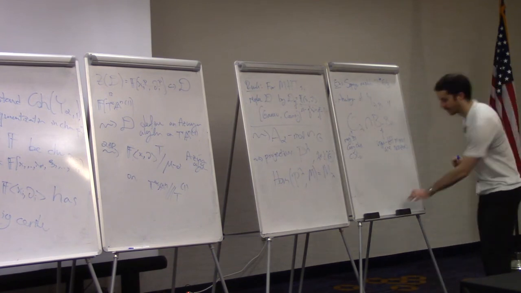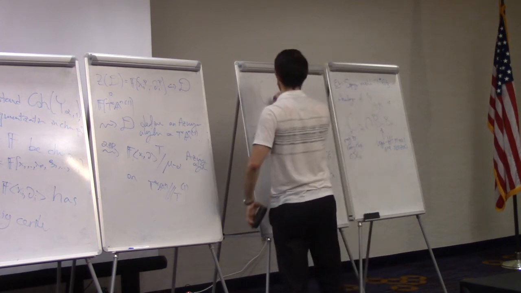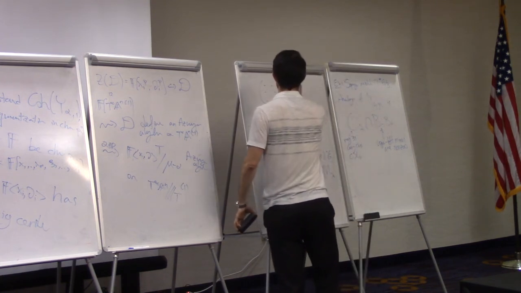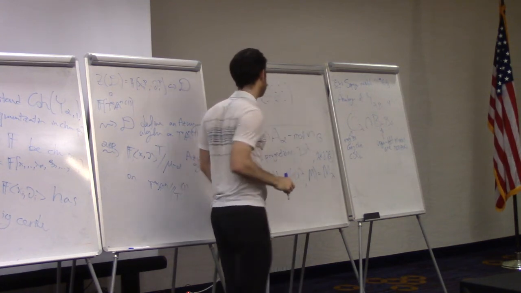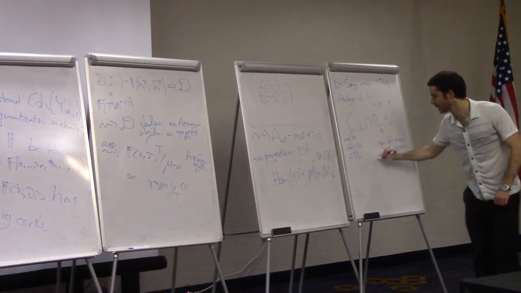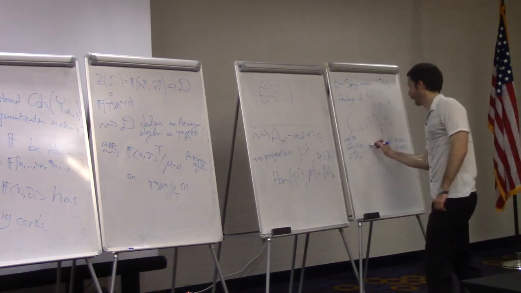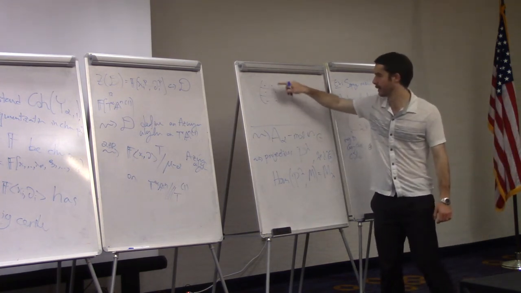So if my matrix looks like this, I require that this entry is non-zero and that AD minus BC is non-zero. So this has a map called the Gelfand-Cetlin map, which maps to the eigenvalues of the upper left minors.